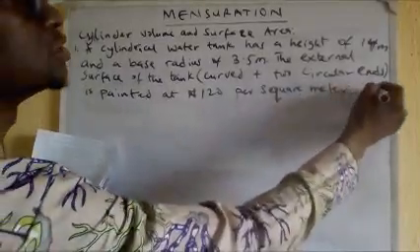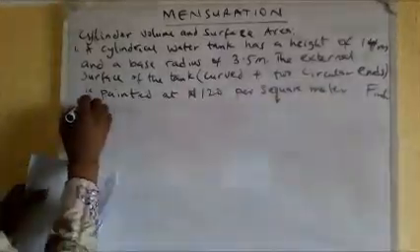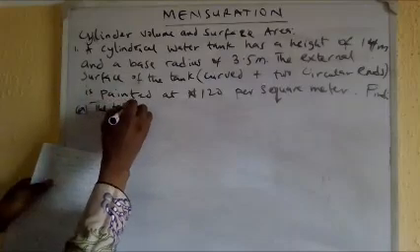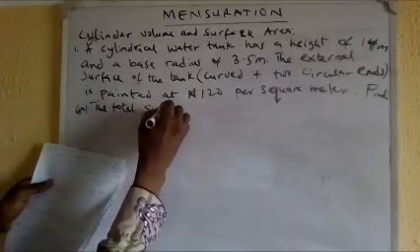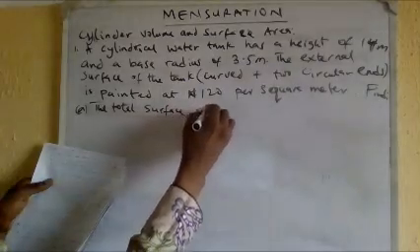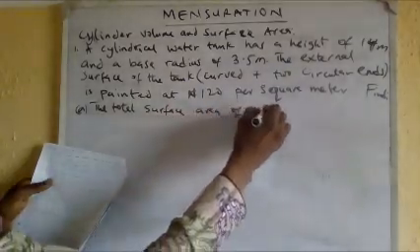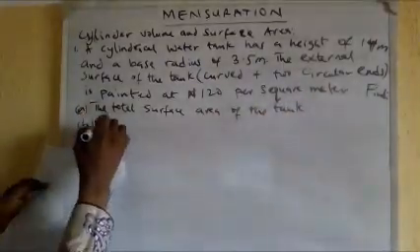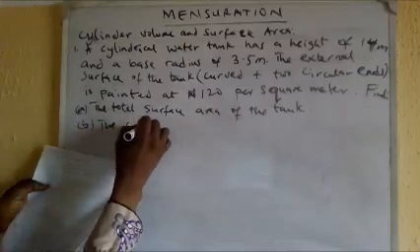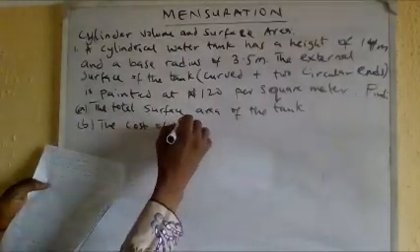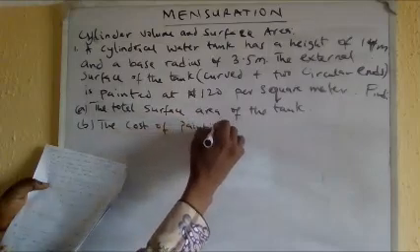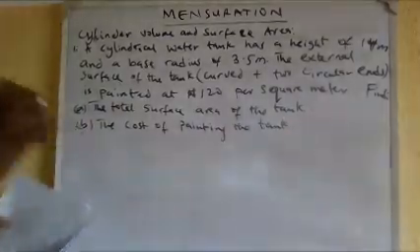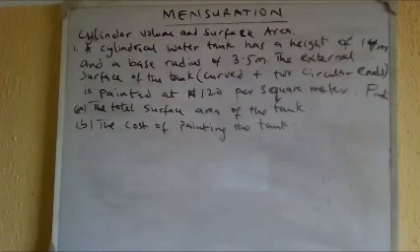So find A, the total surface area of the tank, and B, the cost of painting the tank. Okay, so you see how this can be applied in real life.